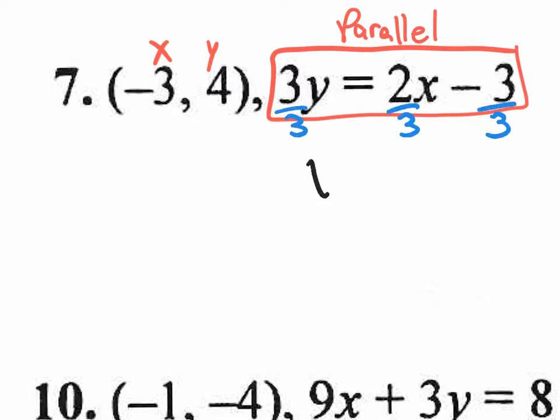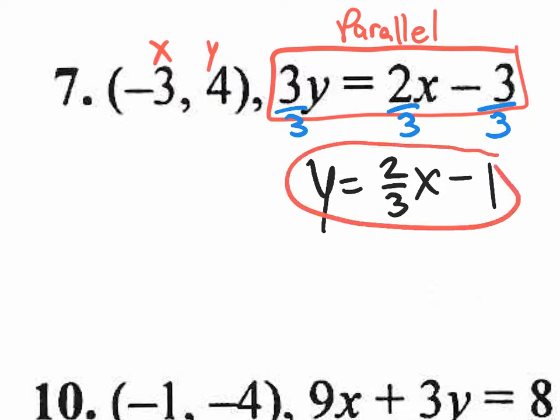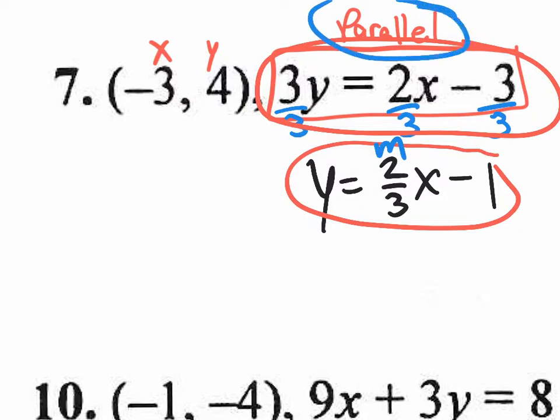The new equation is y equals 2/3 x minus 1. So we modified it. Why do we modify it? It's the same one as up here, but why do we modify it? So we could get it in y equals mx plus b, so we could see the m value. And if we know that our line is parallel to this line, we know that our line is going to have the same m value as this one.